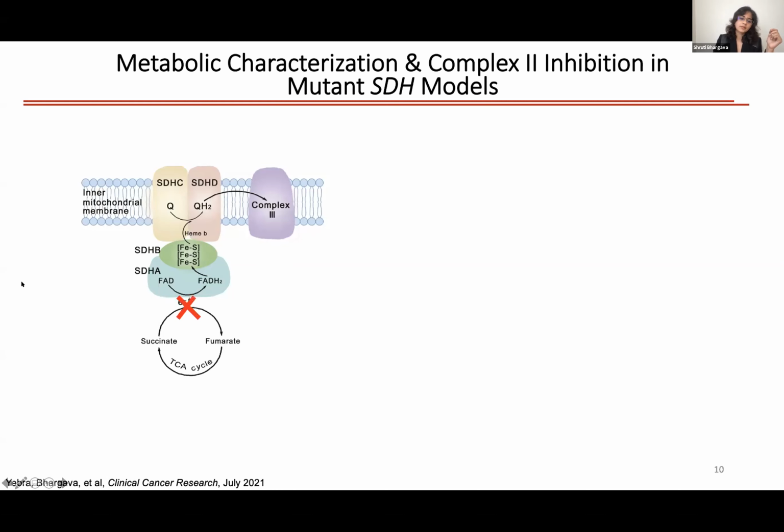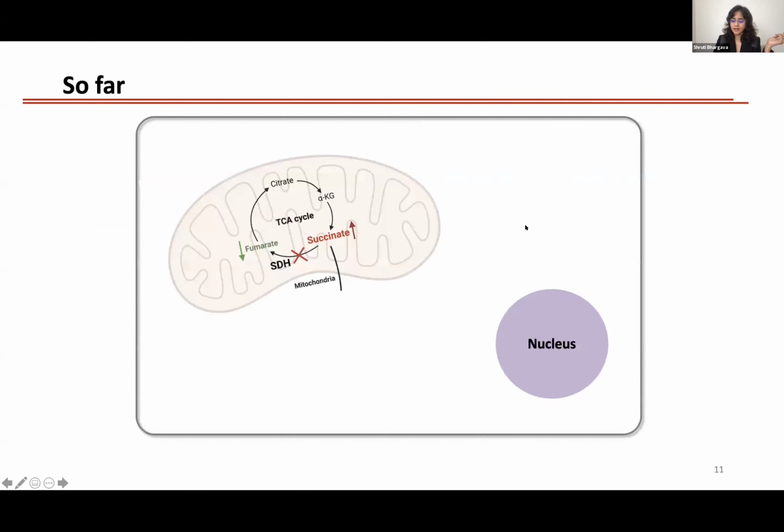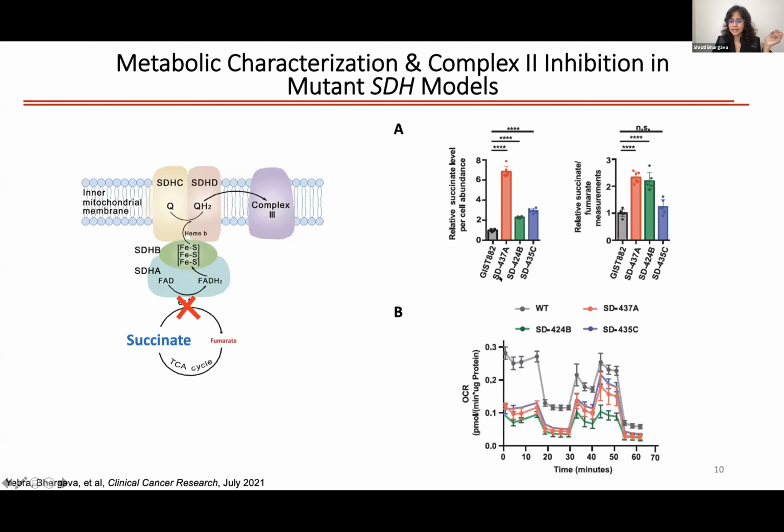If the function of the SDH complex is abrogated, we will have a lot of succinate in the cell and a little bit of fumarate, because the forward reaction will not be catalyzed. This was also seen in our results, where we had higher levels of succinate in the SDH-deficient models as compared to the KIT-mutated cell line, and the fumarate levels were lower as compared to the succinate levels in the cell. We also saw deficient respiration in the SDH-deficient GIST models as compared to the KIT-mutated model.